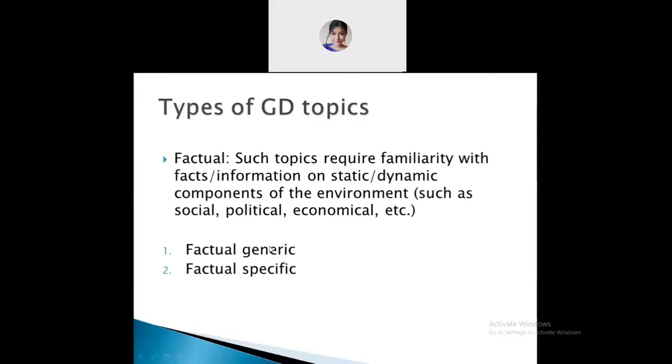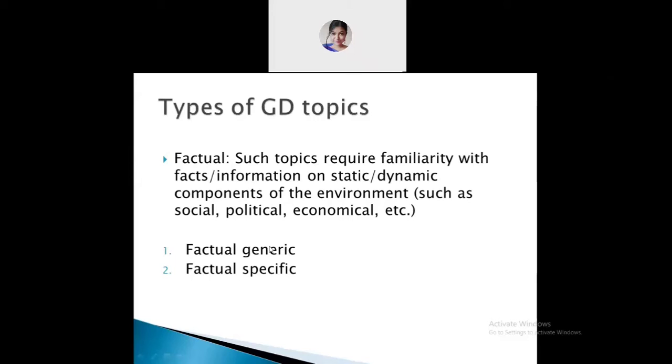These topics can be related to any kind of event that has taken place in the past, or is currently taking place. For example, WTO and its impact on the Indian economy. It's a factual specific topic. It is specifically related to a particular organization, the World Trade Organization, and how it has impacted the Indian economy. So that's what a factual specific topic is.